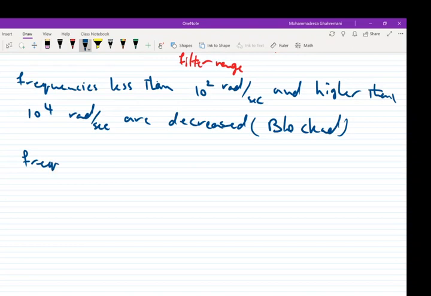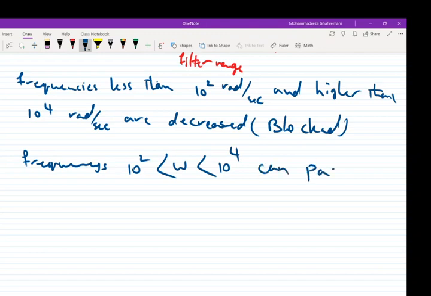Frequencies between 10 to the power of 2 and 10 to the power of 4 can pass through with little or no attenuation.